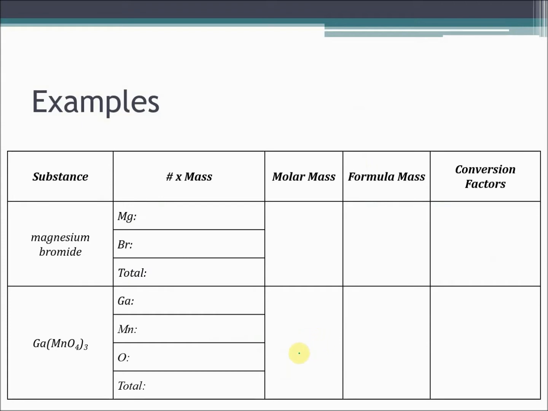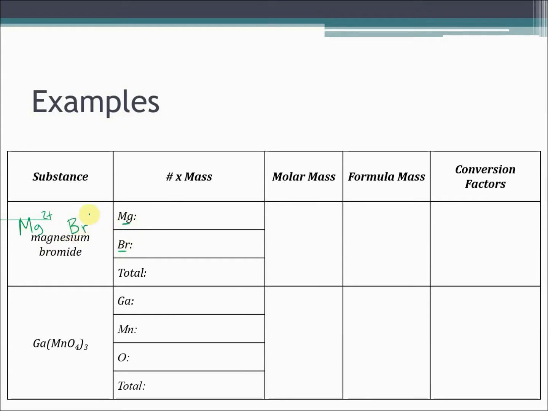We've got 2 examples here. Our first one is magnesium bromide. It's made of magnesium and bromine, but we need to figure out how many of each before we can find the mass. So remember that when you are writing your formulas, magnesium is Mg2+, right? It's an alkaline earth metal. It's in your second group, so it forms a +2 charge. And bromine is a halogen.